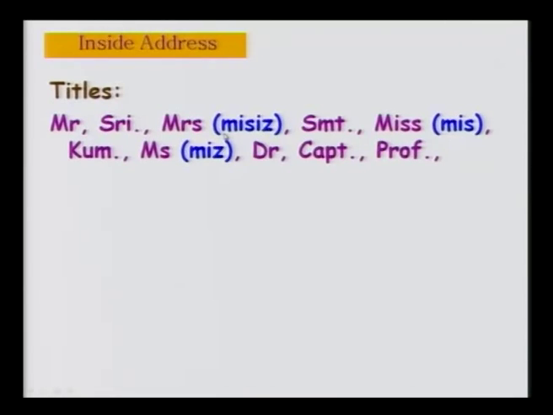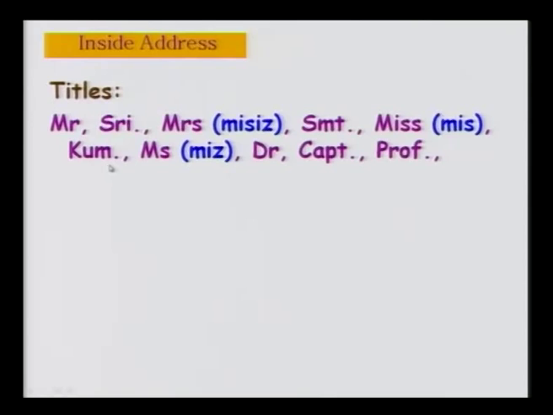Mrs. refers to a married person. The Indian equivalent is Shrimati, again a short form abbreviated to Smt. Miss indicates an unmarried woman. Kumari, again an unmarried woman in the Indian context, could be abbreviated to Kum.